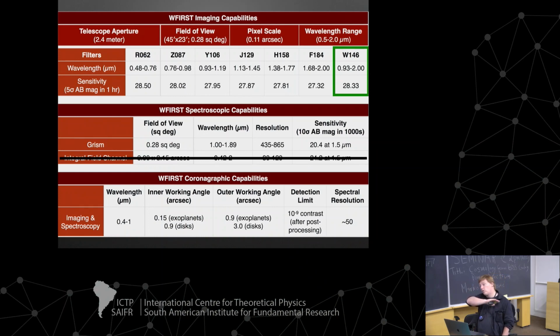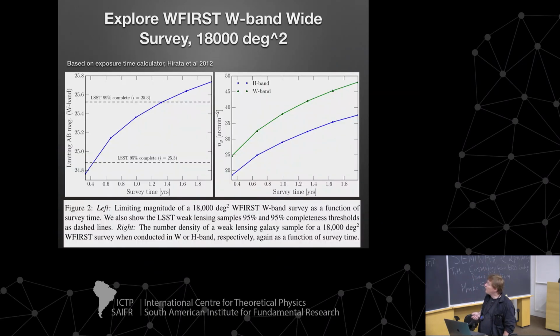So there is the idea within our science investigation team, well, let's explore how fast W-first can map all of the LSST area in this 1 band. And that's actually quite impressive. So this here is survey time of W-first, and this here is the limiting magnitude that you can achieve in this wide band.